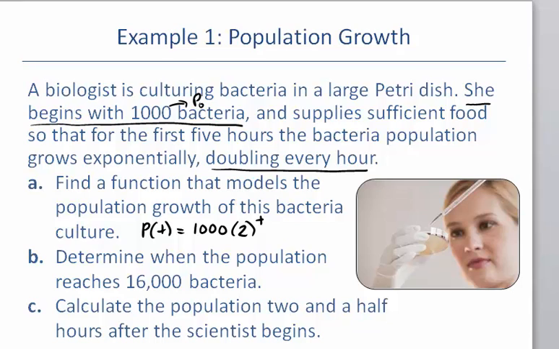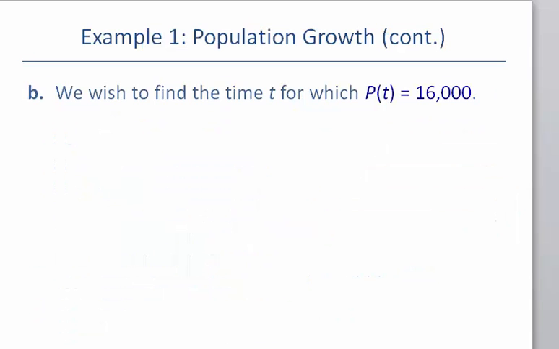Part B of the problem asks us to determine when the population reaches 16,000 bacteria. So they're giving us a population and they're asking us when. So they're asking us to find the t. So let's look at that. We have our formula, P of t is equal to 1,000 times 2 raised to the t power.